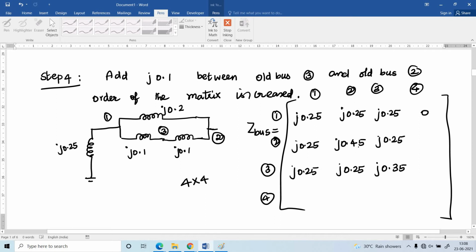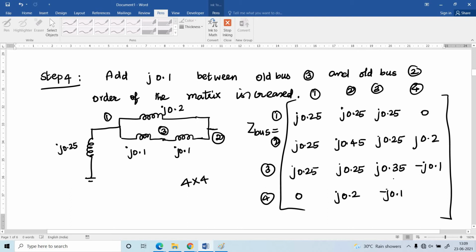And here j 0.45 minus j 0.25, that is j 0.2. And next j 0.25 minus j 0.35, that is minus j 0.1. In a similar manner, you have to subtract row 2 minus row 3, because the element is connected between 2 and 3. 0, j 0.2 and minus j 0.1.